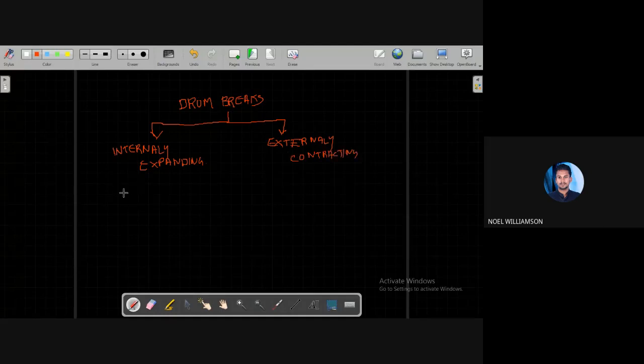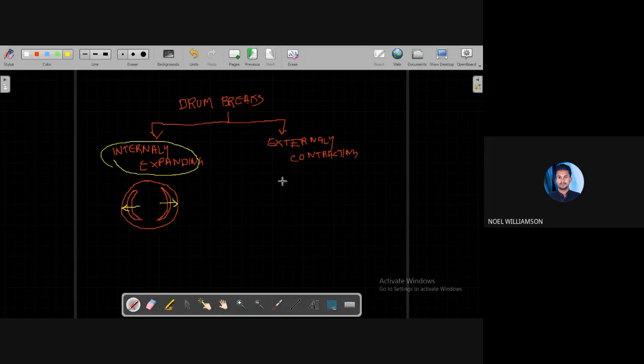Internally expanding means the drum is like this, and the brake shoes are placed inside it. When the pedal is pressed, these shoes are moved or expanded from inside towards the outside, in this direction. That means it is internally expanding.